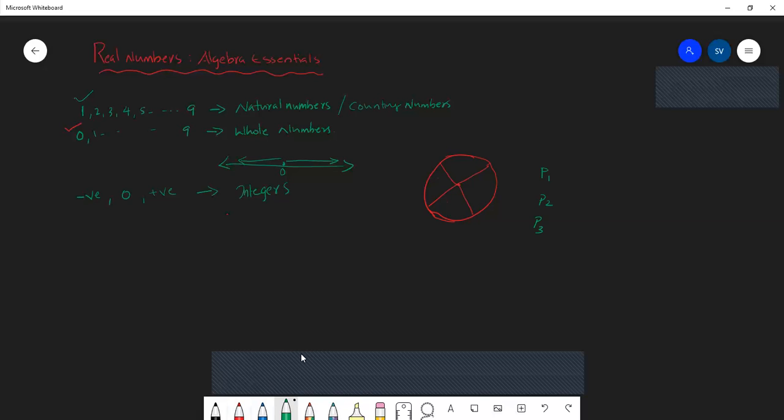This is person 1's portion, this is person 2's portion, this is person 3's, and this is the leftover.